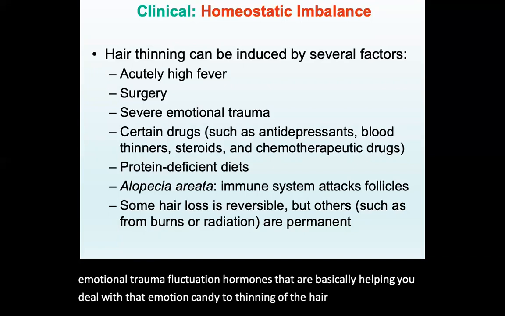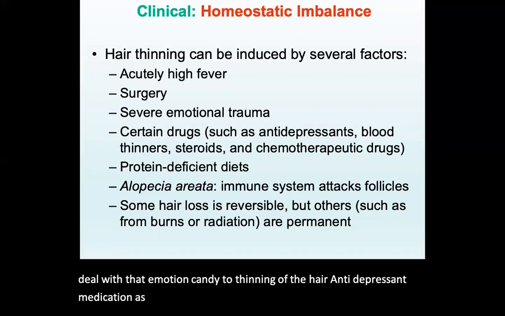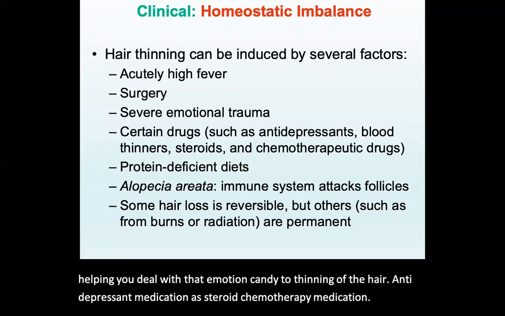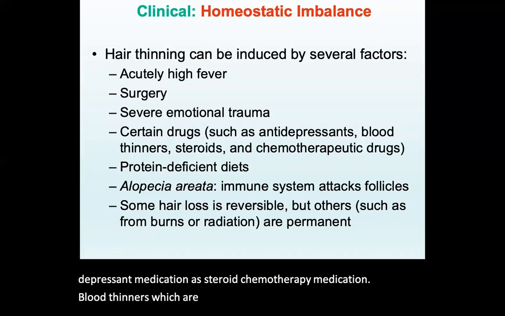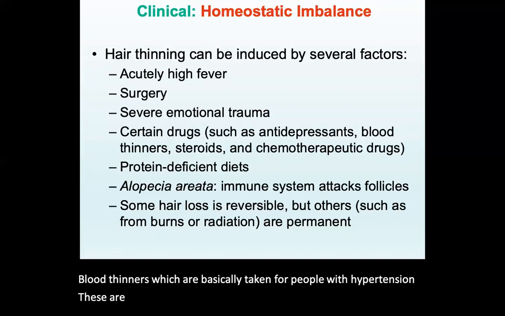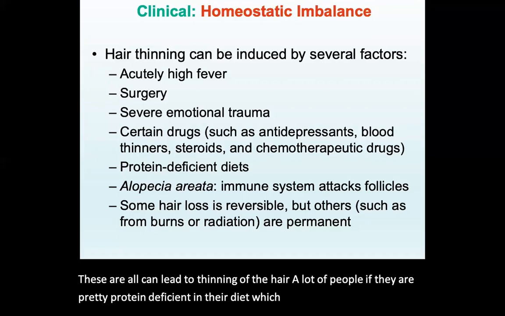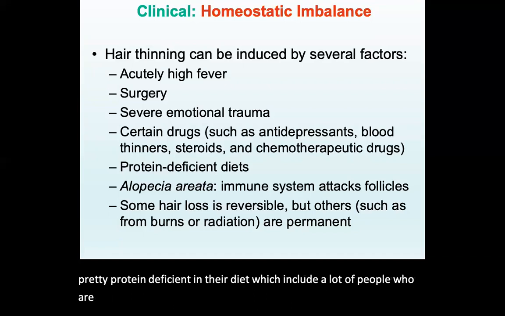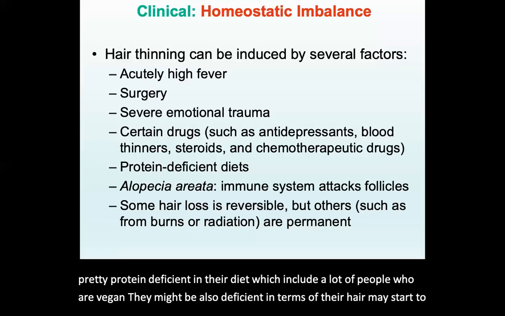Antidepressant medication, steroids, chemotherapy medication, and blood thinners, which are taken by people with hypertension, can all lead to thinning of the hair. A lot of people, if they are protein deficient in their diet, which includes a lot of people who are vegan, may see their hair start to thin out because of that deficiency.